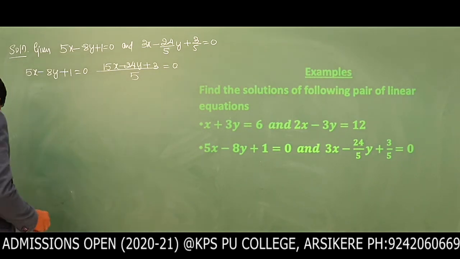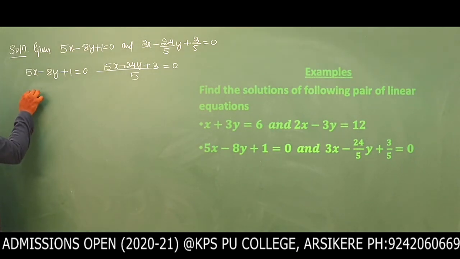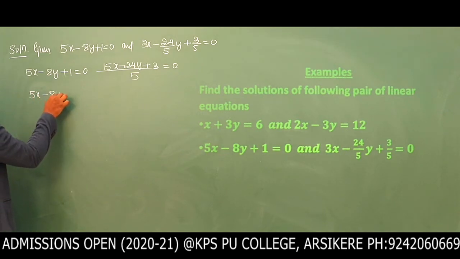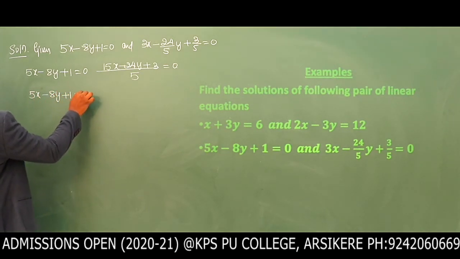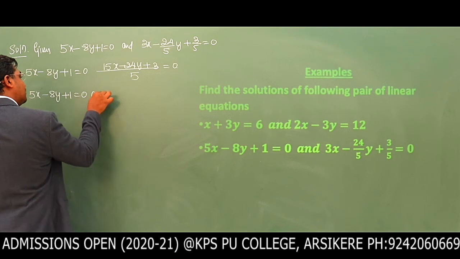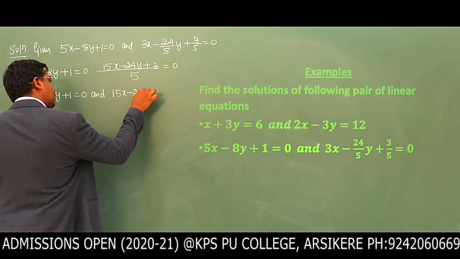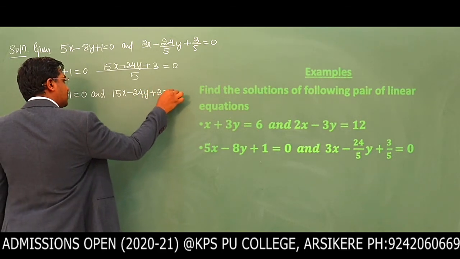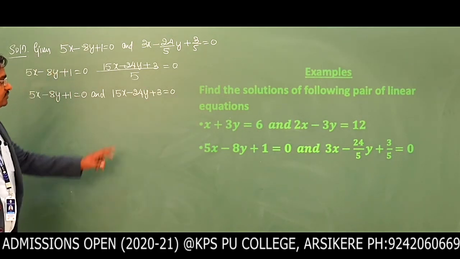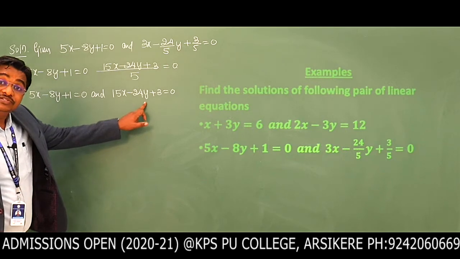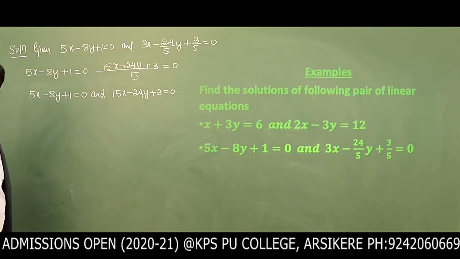Write the first equation as it is, 5x minus 8y plus 1 is equal to 0, and the second equation 15x minus 24y plus 3 is equal to 0. Understood?